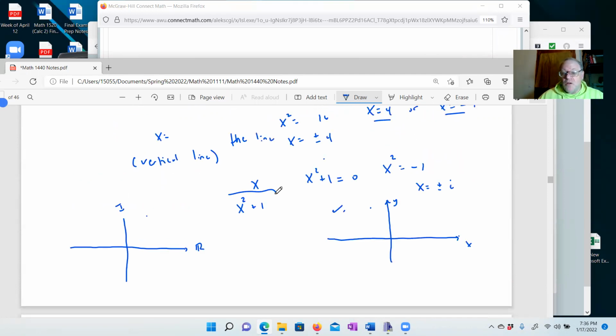So to be proper, there are no real solutions here. Therefore, there is no vertical asymptote.